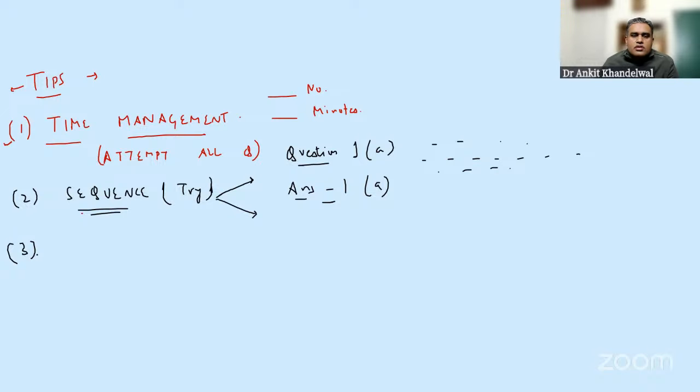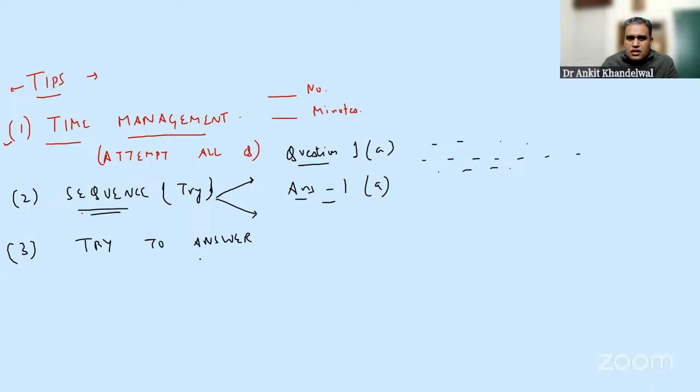The third point I wanted to tell you guys is that in the case of anatomy, the first impression is always very important. So if you have read the question paper and there is a question that you are very good at, where you have the knowledge of that particular topic, then try to answer that first. It can be the first question, fine.